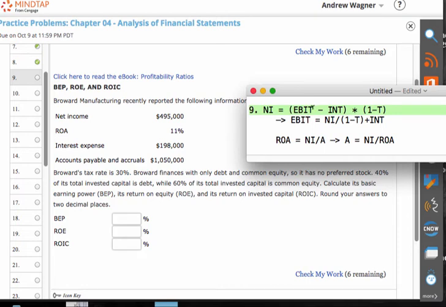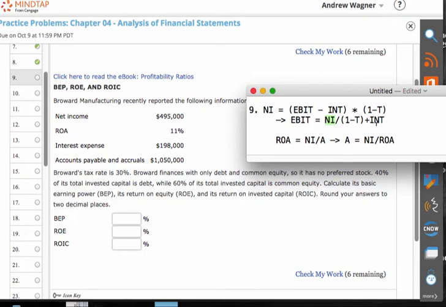Net income equals EBIT minus interest times 1 minus the tax rate. EBIT, operating income, minus the interest paid on debt, is of course taxable income. We multiply by 1 minus the tax rate to get net income. Rearranging this to set EBIT by itself on the left-hand side, we get EBIT equals net income divided by 1 minus the tax rate, and then plus interest. We simply need to add it back.